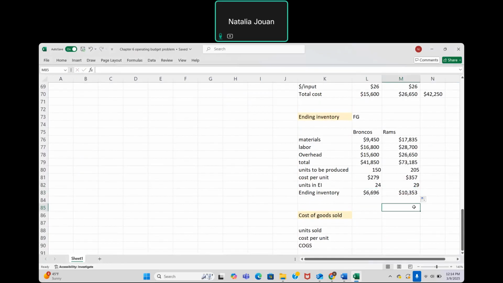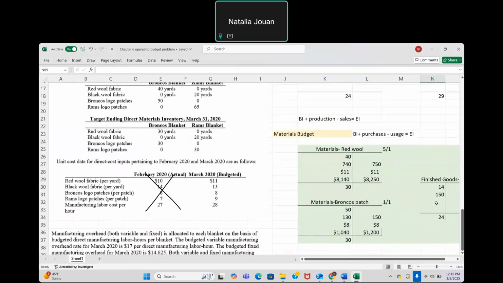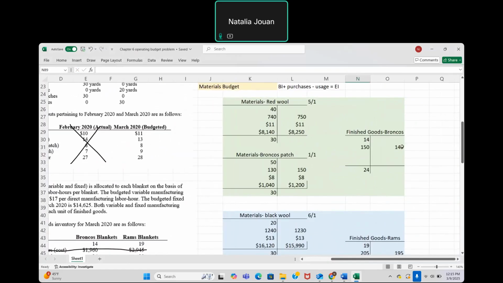Now the cost of goods sold, once you did all this work, the cost of goods sold is the easiest part, okay, because now all you need is the units that you're selling times the cost per unit, which we already have. This is our cost per unit, right? And we also have the 357 for rams. So let's go back to our T's, original T's, and we can use these here. We're selling 140 now.